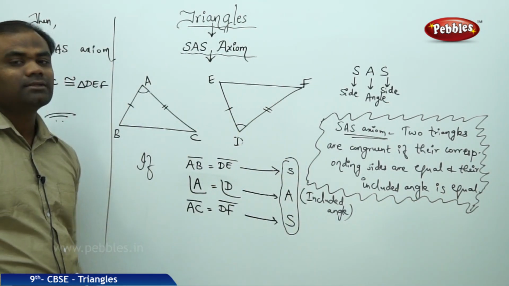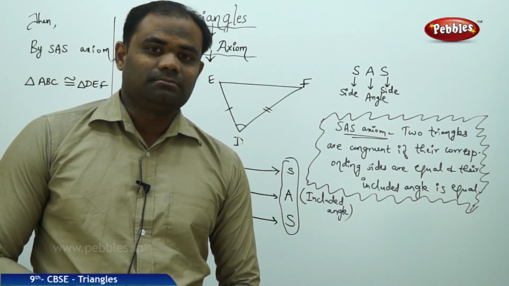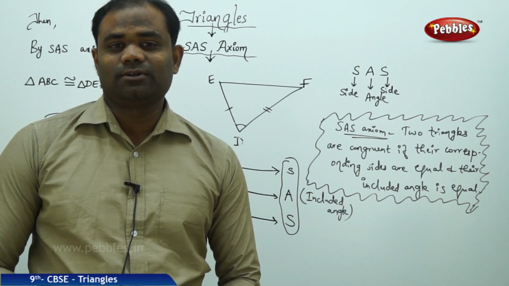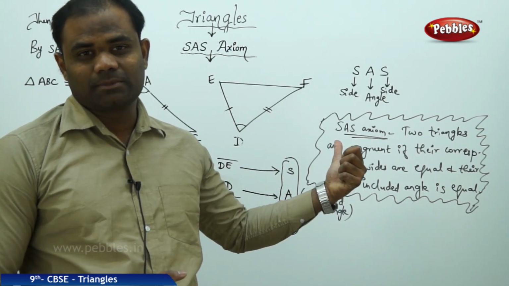Side angle side property. SAS axiom defines the congruency of two triangles. That's how we understand the concept.